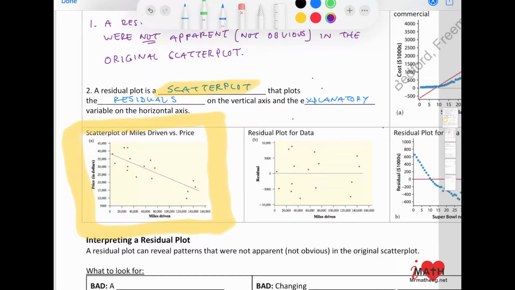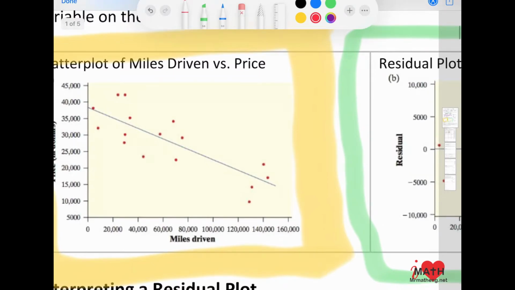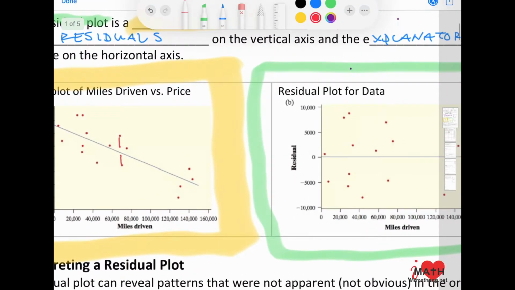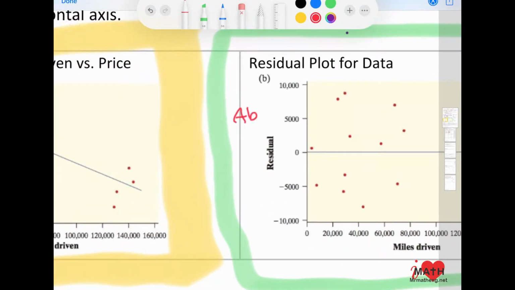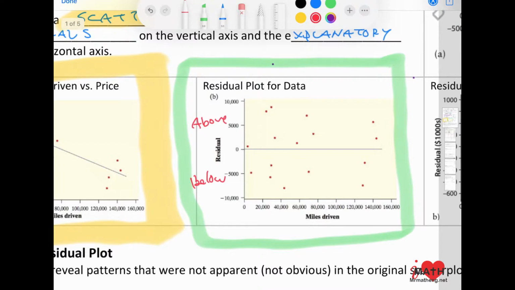And then a residual plot is here in green. Remember, as a quick review, residual is the actual minus the predicted. Right, and this one is below and this one is above. Well, if you take those values, and if you're saying this is above and these are the prices below, here in green you have something called a residual plot, right?